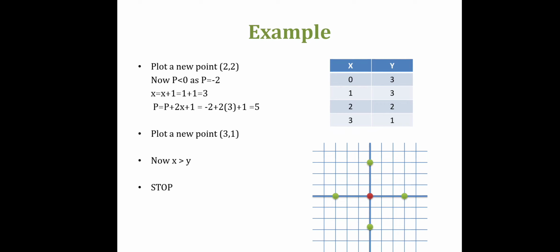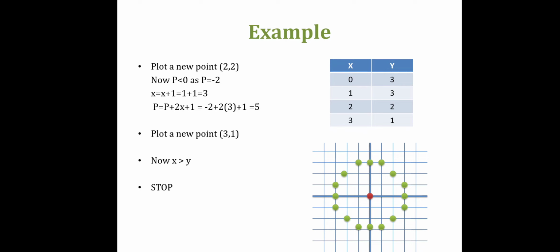So the first point is 0 comma 3, this point we have replicated in all the octants. In the same way the next point is 1 comma 3, this we have to replicate in all the octants. Then the next point is 2 comma 2, replicated in all octants. Then next is 3 comma 1, that we also replicate in all the octants. So in this way we can draw the circle by using the midpoint circle generation algorithm.